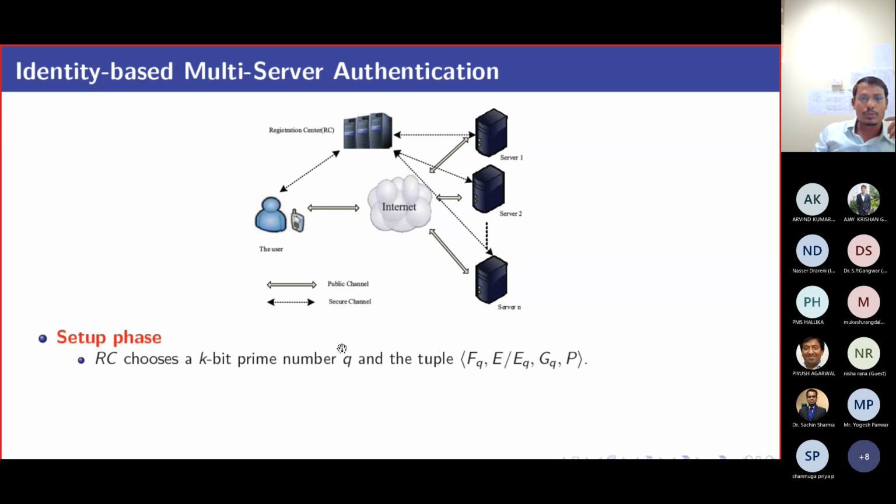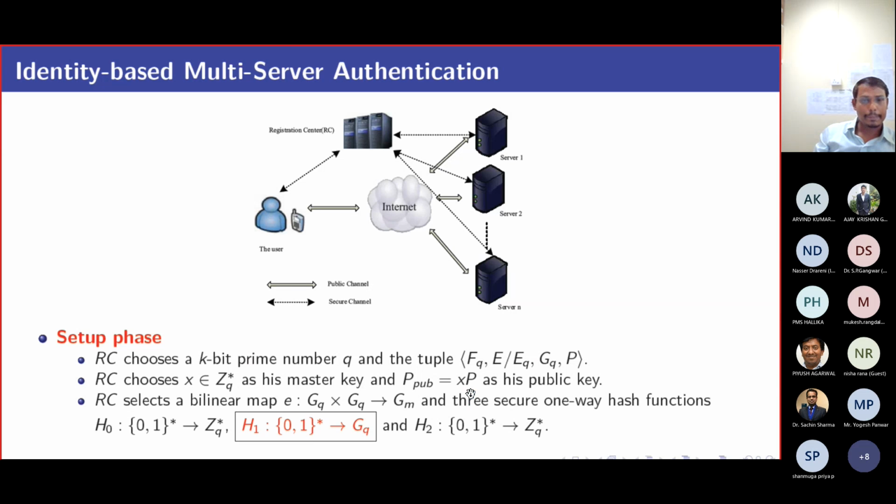RC chooses a large prime number q, this is the field of prime numbers, this is the set of elliptic curve points, and this P is a generator of the group. This is the set of elliptic curve points, out of which this G_q is created, a subset of points generated by P. RC creates his own public and private key based upon the elliptic curve: x, a number, is the secret key, and the public key is x times P.